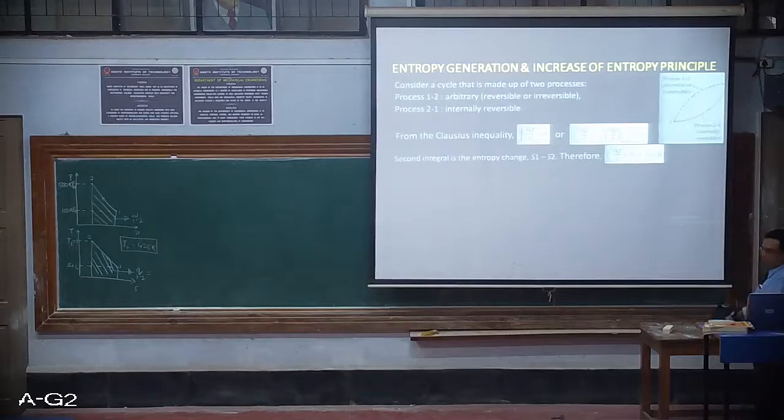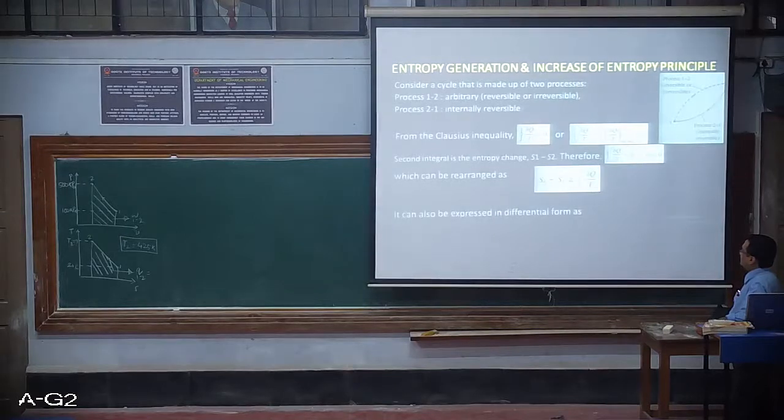Now, from Clausius inequality we defined that this difference in entropy is greater than or equal to entropy transfer, and thus the change in entropy is always greater than or equal to delta Q by T.